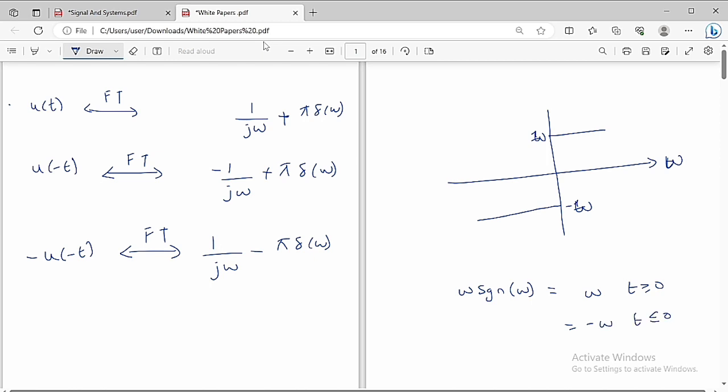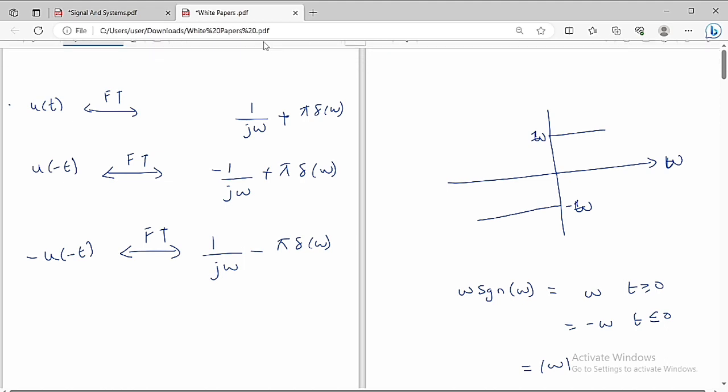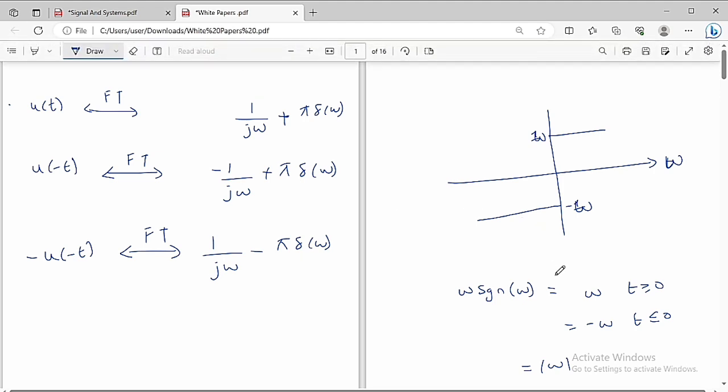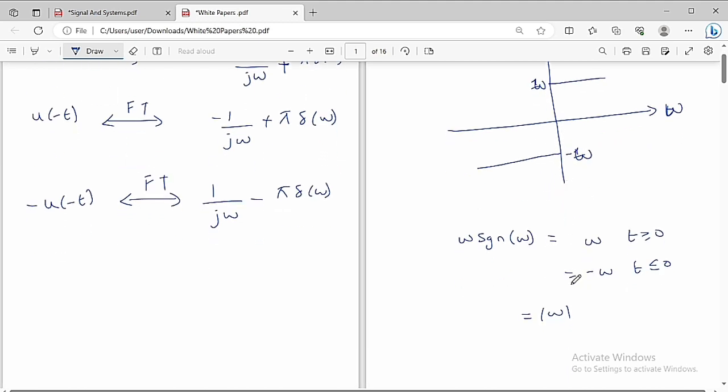So simply we can write mod omega, because mod omega is equal to plus omega for t greater than or equal to 0 and minus omega for t less than or equal to 0. So this is nothing but mod omega.